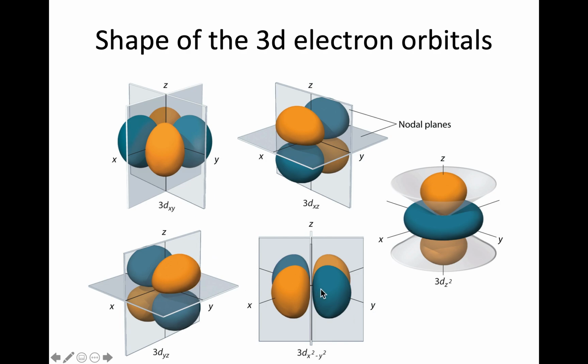And so that's what we see in these cases. But again, a little bit more complex, but the naming system refers to where the electrons are, or where the nodal planes. So in this case, XY kind of indicates the nodal planes here. And so these 4 look very similar, but you see the z squared down here is quite a bit different, where you have this more donut shaped with lobes on top and bottom of it.